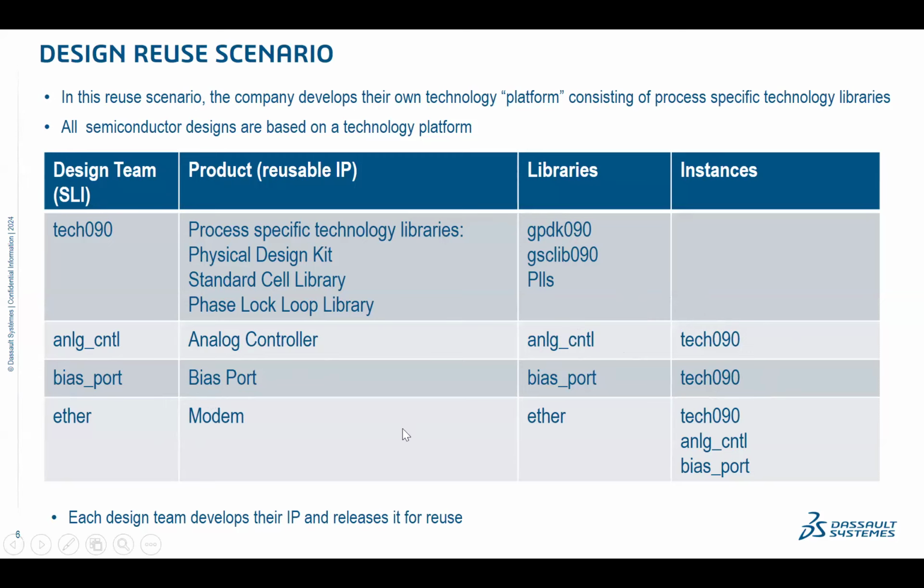This is a step-based chip, something you'd find as modem IP, something that would be found on a chip in a fax machine. It has one EDA library called Ether. It's also based on the same technology, but it instances these two other designs which are on that technology. So design reuse is fundamental to semiconductor design because nobody builds everything from scratch. It's all built of pieces that already exist.